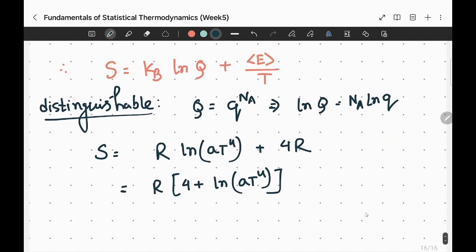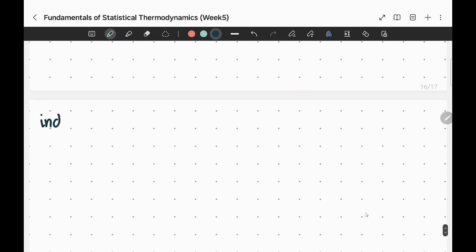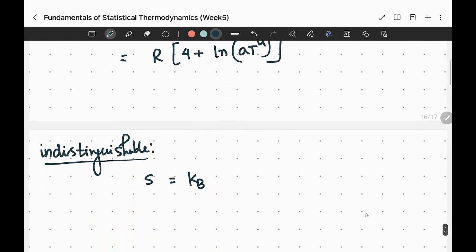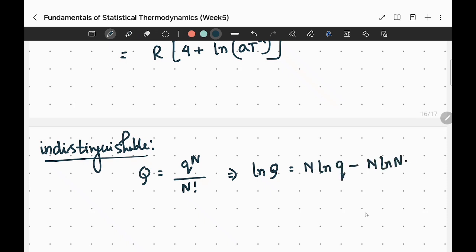This is considering the distinguishable particles. And if it is indistinguishable, then kB, just the change will be that Q, right? So let me write Q will be q to the power n by n factorial. Essentially it means ln Q is n ln q minus n ln n plus n.